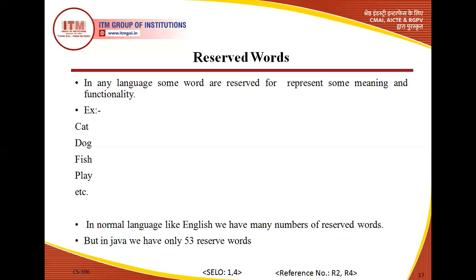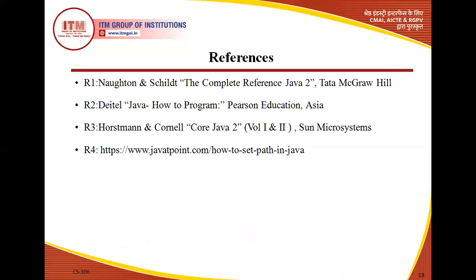All these are reserved words with some property. In normal languages like English we have many reserved words, but in Java we only have 53 reserved words. We don't go up to infinity. Clear to everyone?